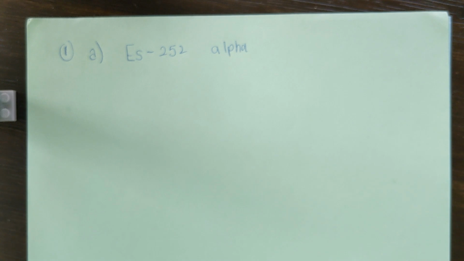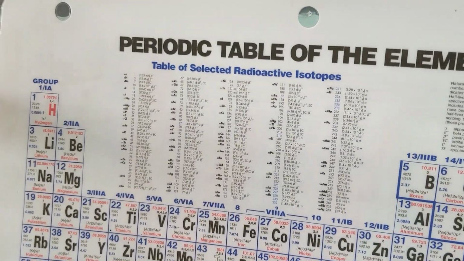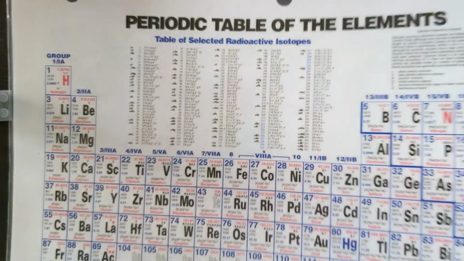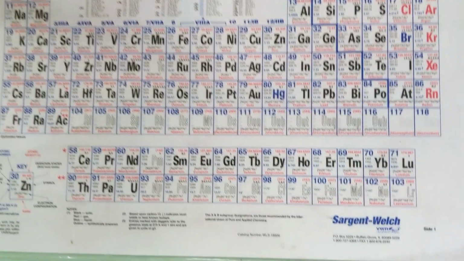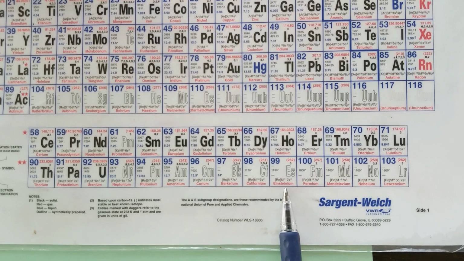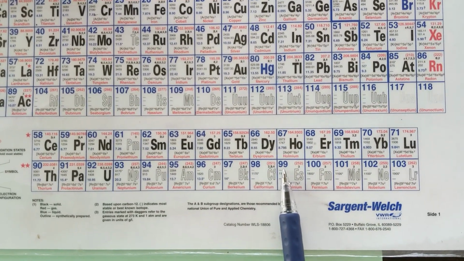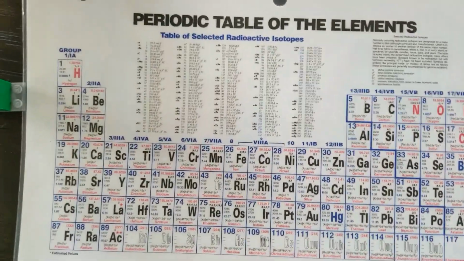So we're going to look at the periodic table, look at Einsteinium, and write out its isotope here. Einsteinium is right here. So ES, Einsteinium, has 99 as the atomic number. We're going to use that to build our isotope here.